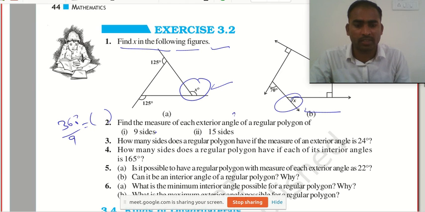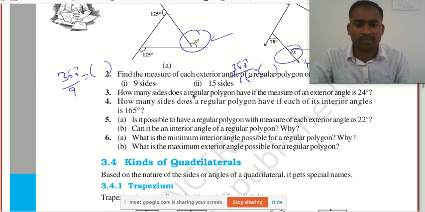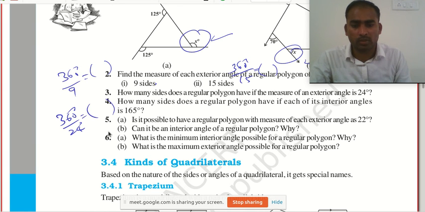Then with 15 sides, 360 degrees upon 15, you will get your exterior angle. Then how many sides does a regular polygon have if the measure of exterior angle is 24 degrees? So 360 degrees upon 24 degrees, you will get your sides. Understood? And you do the remaining problems also.